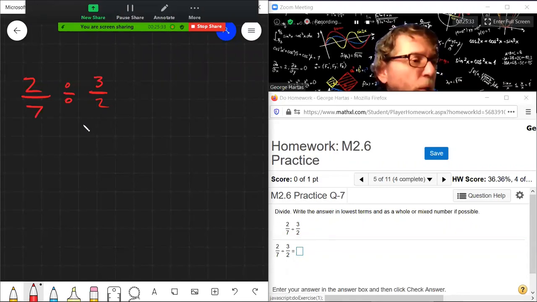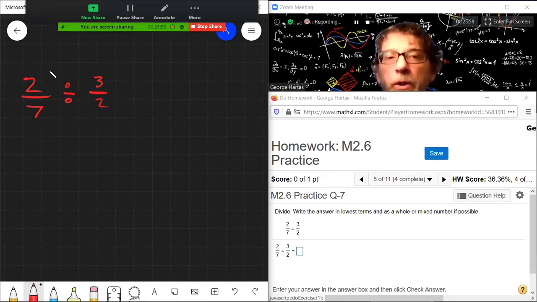Now, one thing I do want to mention before I forget here, even though we could reduce before we multiply, when we're doing multiplication, we cannot reduce while in division mode. Do not make that mistake. Do not reduce when you're in division mode.